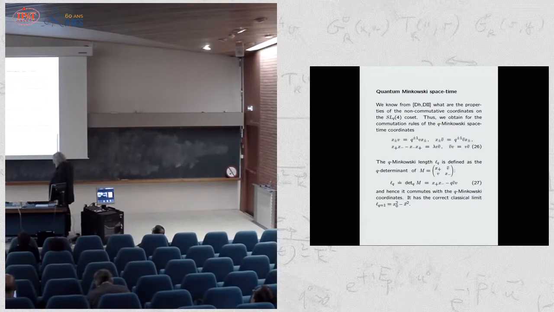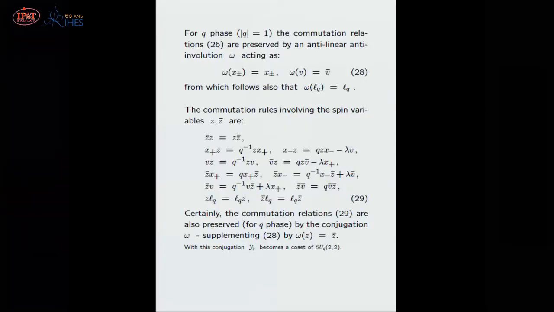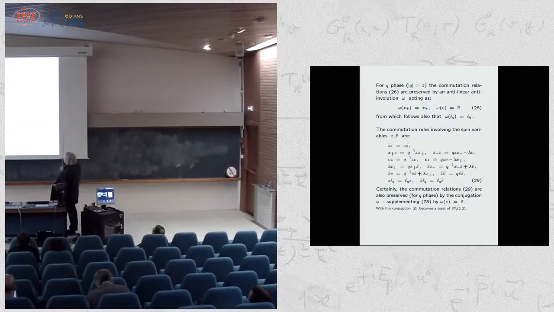Okay, so this is a very simple thing. The multiparameter, of course, is more, but I don't have time to show it. Of course, one has to say that for Q equal phase, the commutation relations are preserved by this antilinear evolution. The same evolution that Bernard Julien was asking. This is same evolution.